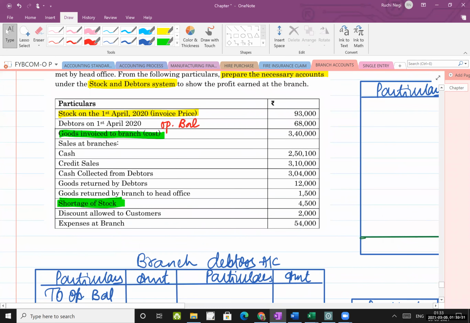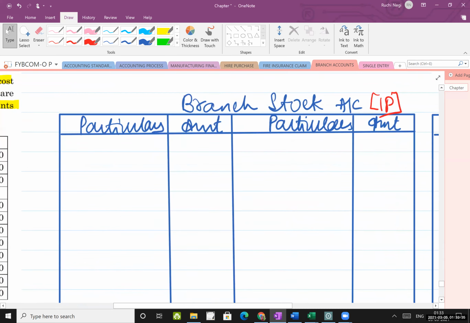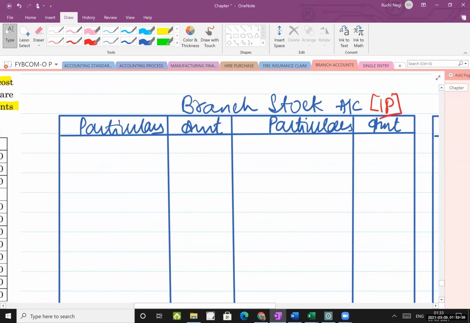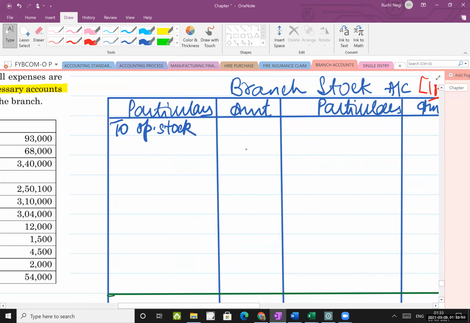Start with opening stock. So we will make a branch stock account. I'm writing there the word IP. So write here to opening stock. How much opening stock is given? 93,000. It is at IP, so write here 93,000.